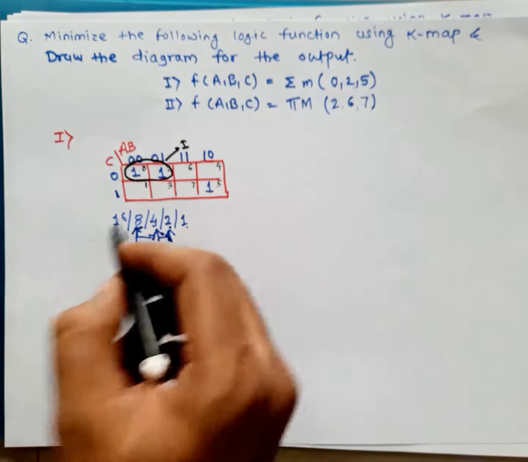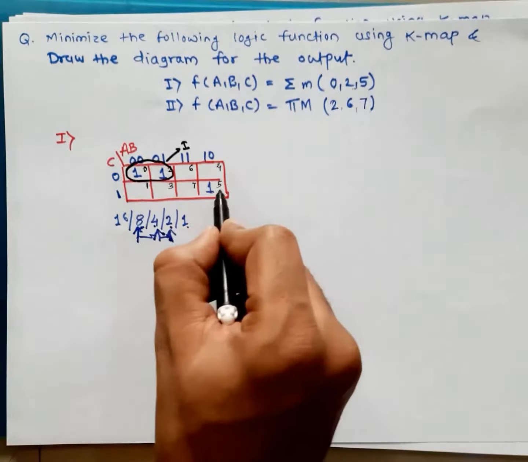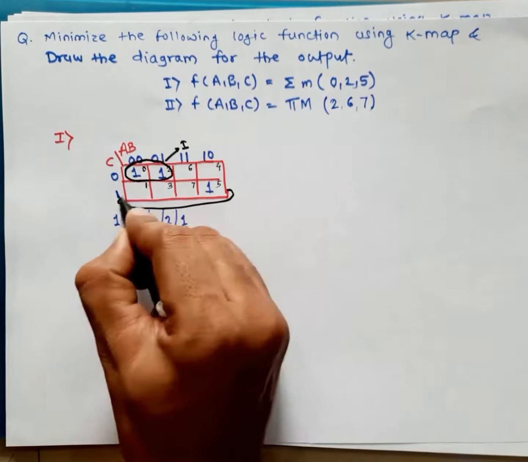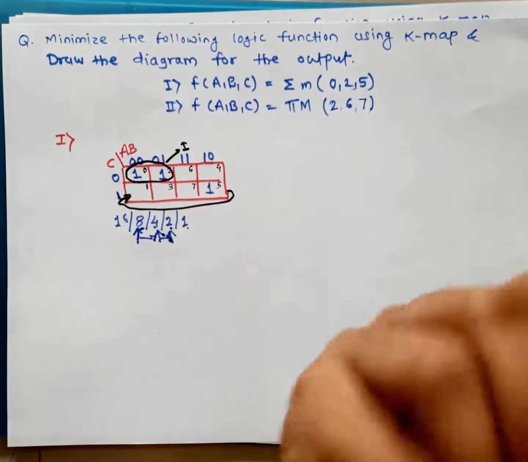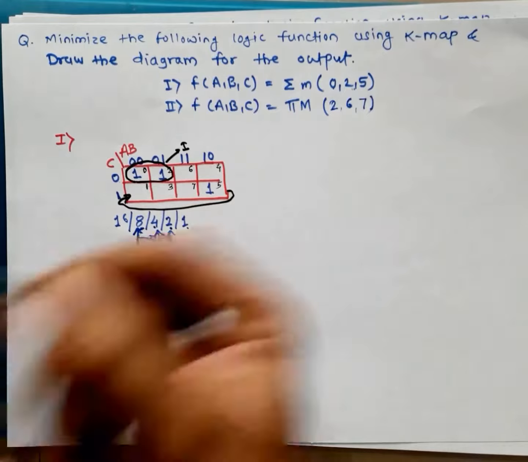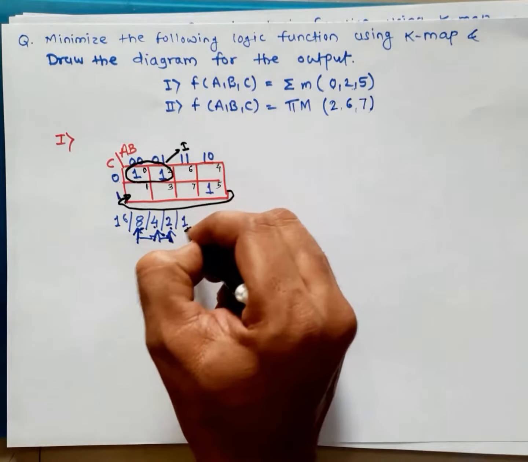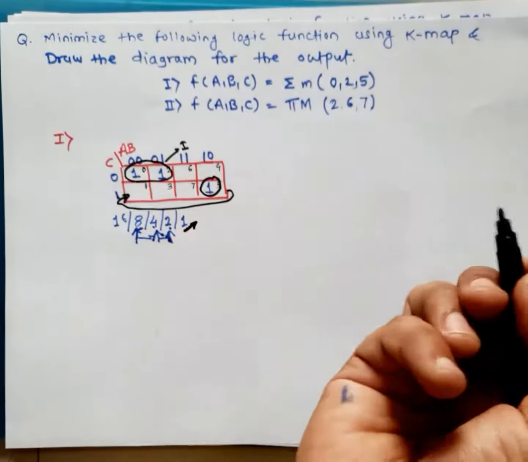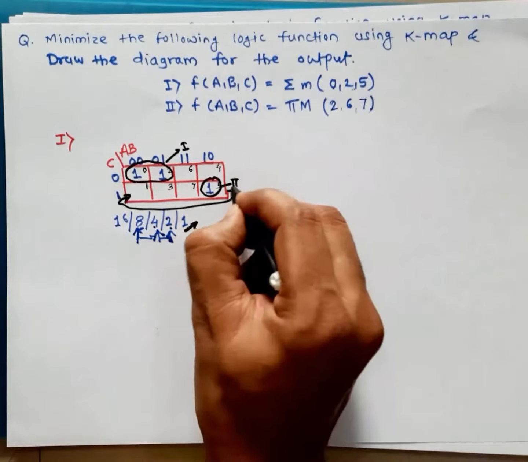So it is not possible to make a group of these cells, so we can make a group of single individual cells in this case. Now this is the second group.